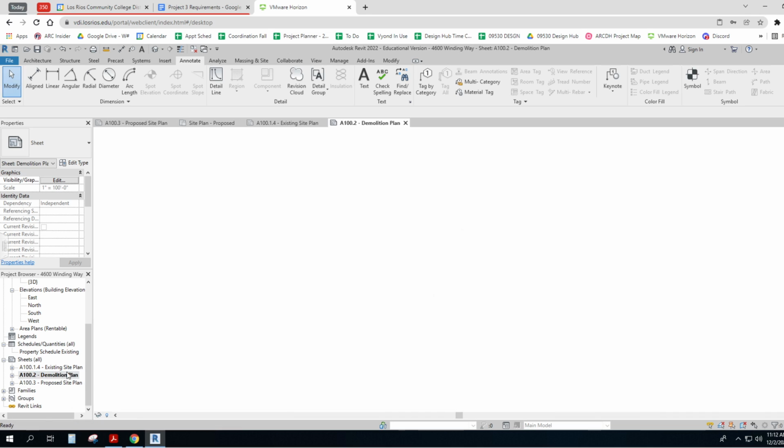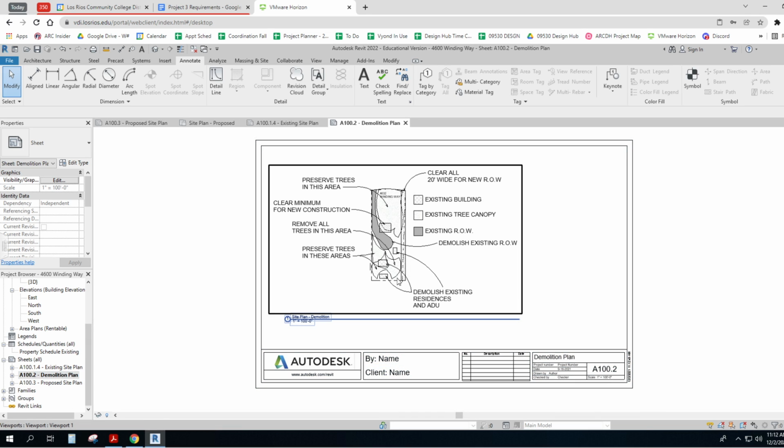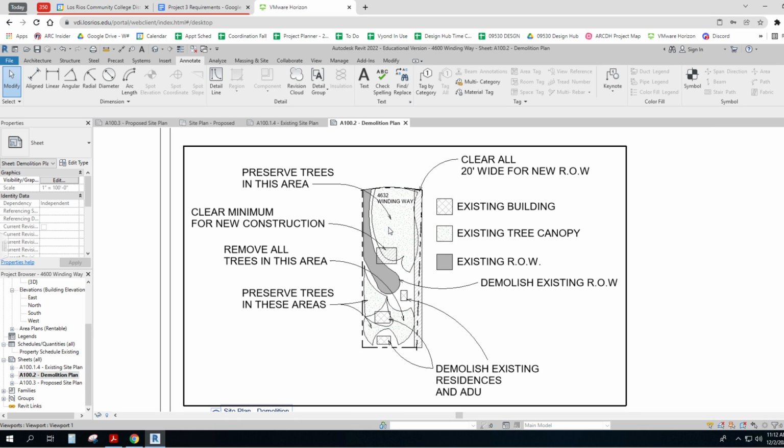So then the third thing that's needed is a demolition plan, and the only demolition happens on 4632. So I zoomed in on it a little bit. And so I said, preserve the trees in this area, preserve the trees in these areas, but you would remove the trees from this area.